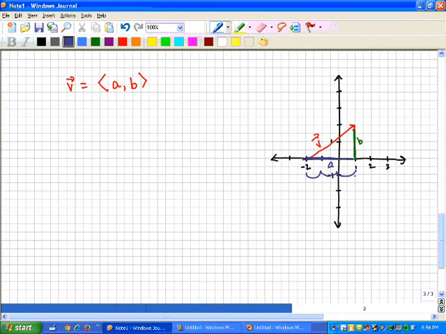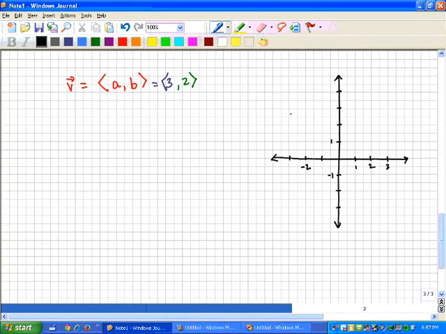The horizontal component of this vector is 3. The vertical component, we go from 0 to 1 to 2. The vertical component is 2. So this notation allows us to indicate the direction of the vector.